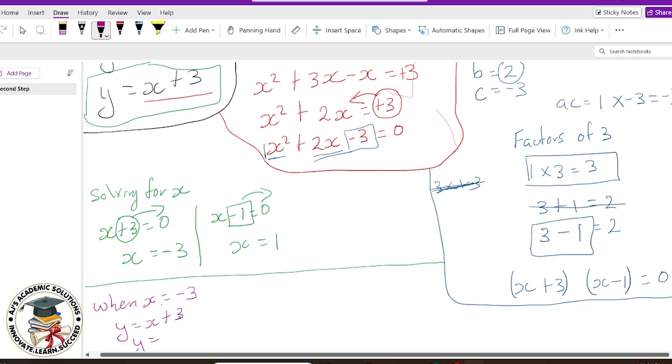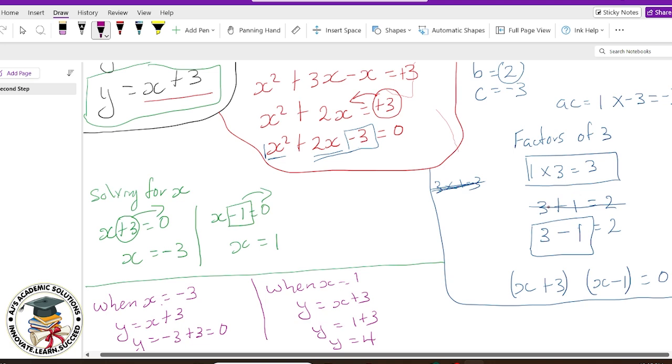And y is equal to, notice we say x is equal to minus 3, so we have minus 3 plus 3, which is equal to 0. However, we also have when x is equal to 1. So y is equal to x plus 3, y is equal to 1 plus 3, y is equal to 4.